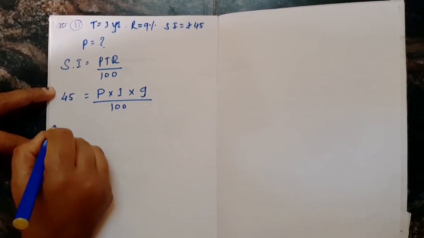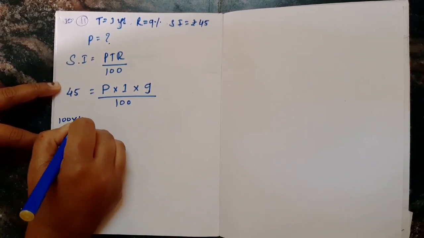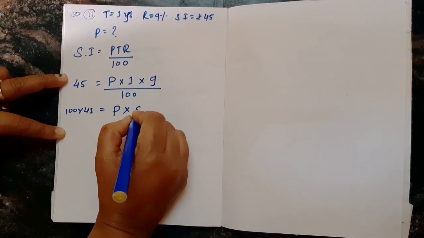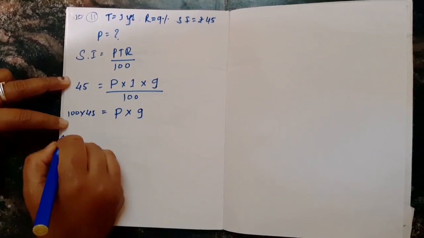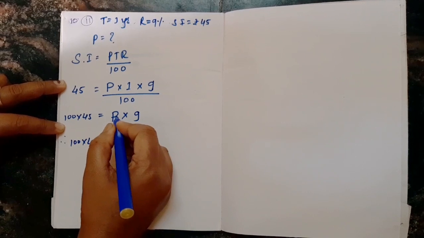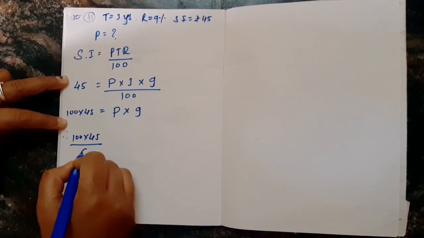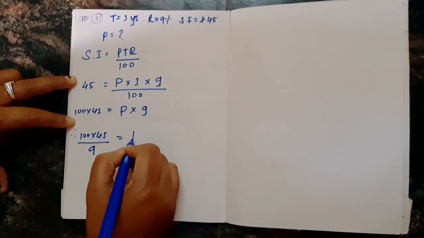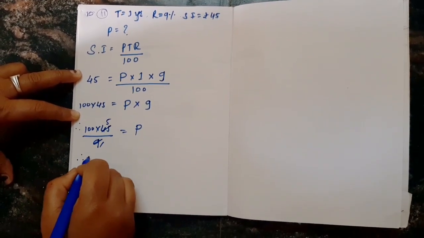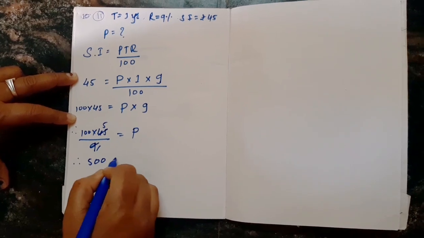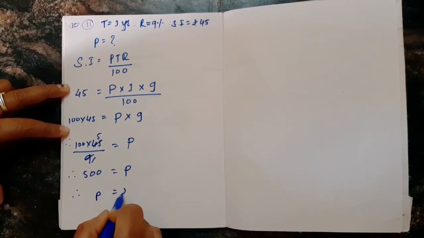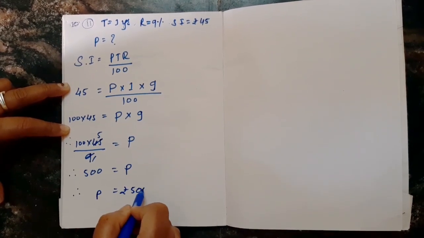Now this 100 will go to this side. 100 into 45 is equal to P into 9 ones are 9. Now therefore 100 into 45 divided by 9 is equal to P. 9 fives are 45, 500. So therefore what is the principal amount? P is equal to rupees 500.